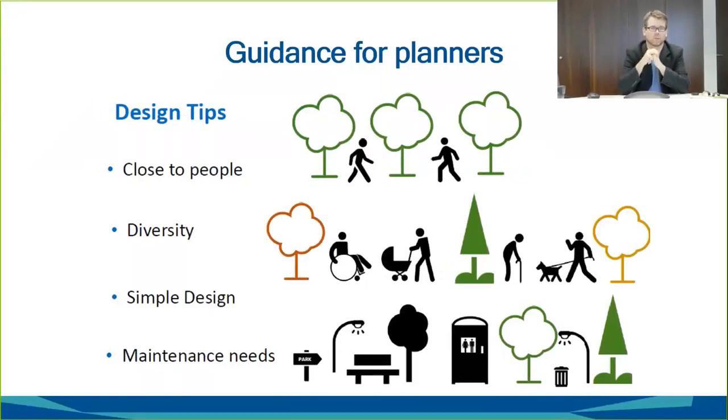So close to people is paramount, as well as diversity of green spaces. That relates on the one side to diversity of greenery. Don't only have grass, don't only have the same type of bushes, but have a diverse green space with different species, but also have diverse functions and diverse sections within the green space. One area to play soccer, one area to sit and relax.